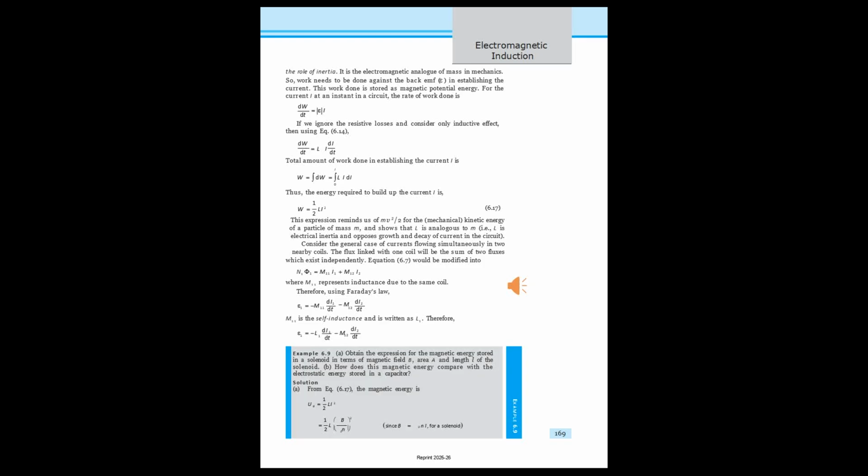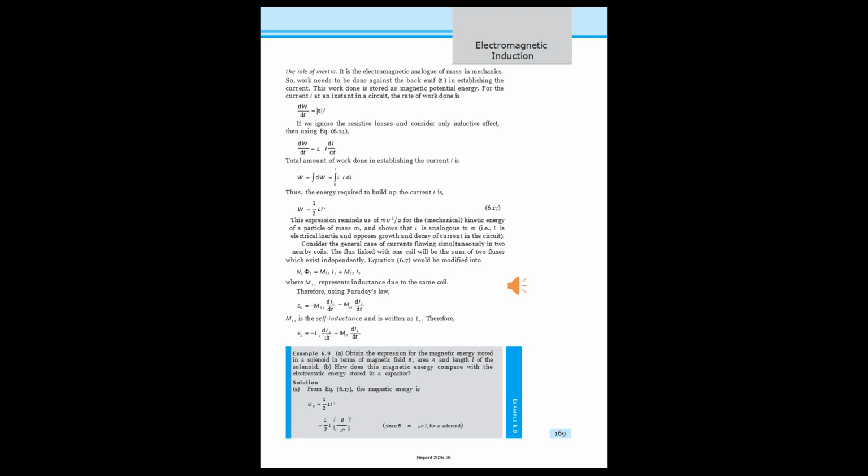Total amount of work done in establishing the current I is given by the following equation. Thus, the energy required to build up the current I is given by the equation 6.17. This expression reminds us of m v squared by 2 for the mechanical kinetic energy of a particle of mass m, and shows that L is analogous to m, that is, L is electrical inertia and opposes growth and decay of current in the circuit.